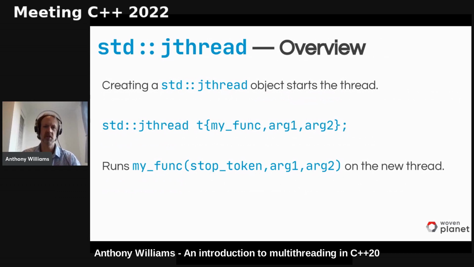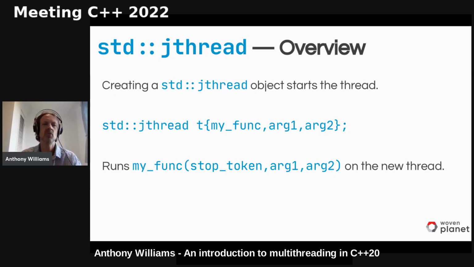So how do we use Jthread? Well, I said already, creating the Jthread object starts the thread. We pass it a callable thing. Like with standard thread from C++11, you can pass some arguments as well. So you can pass the name of a function and some arguments, or a lambda that takes arguments and some arguments. Anything that's callable and then arguments that are then passed.